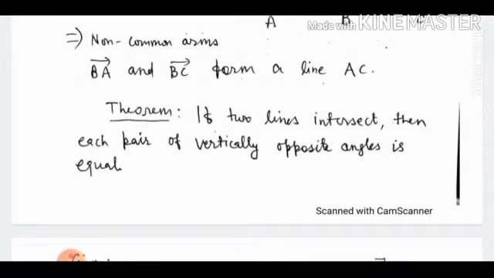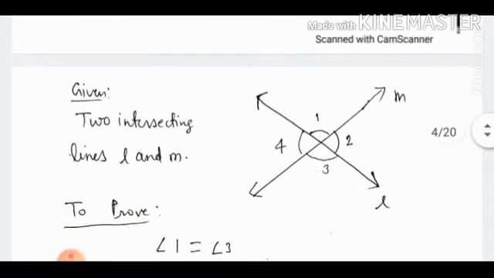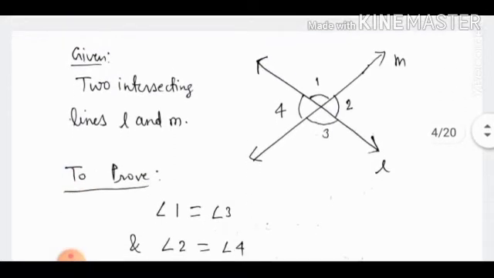Theorem. If two lines intersect, then each pair of vertically opposite angles is equal. Let us prove it. Given: whenever you are going to prove a theorem or a deduction, you must write given, to prove, and draw the diagram.